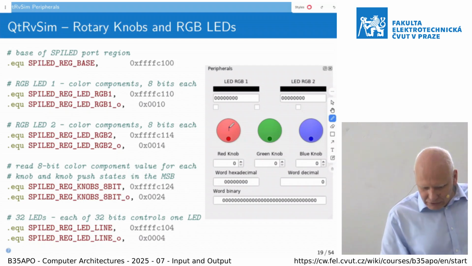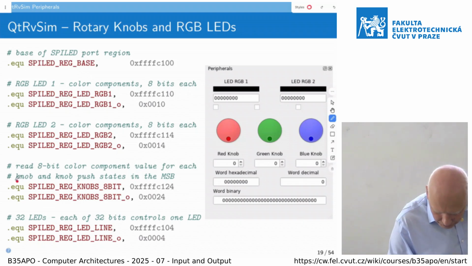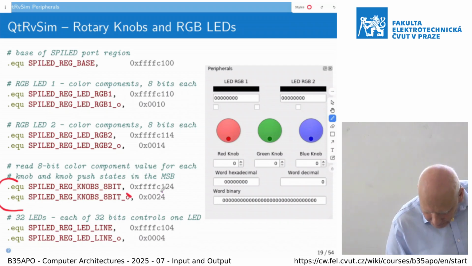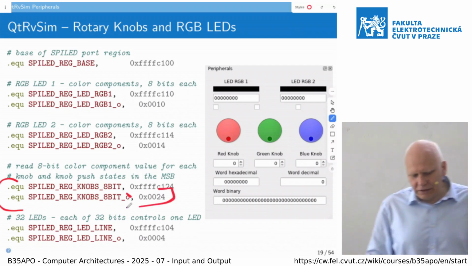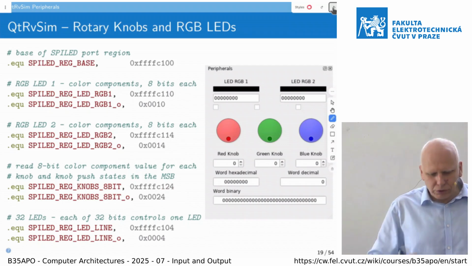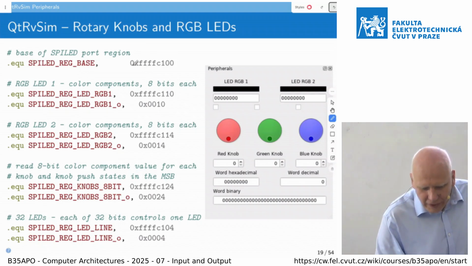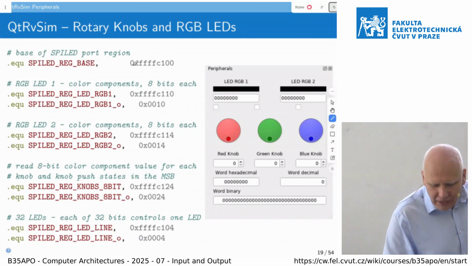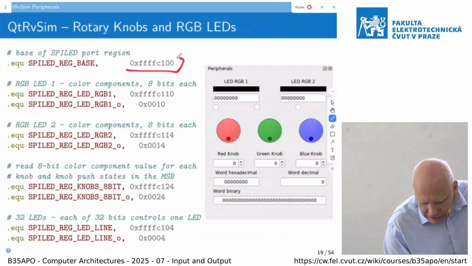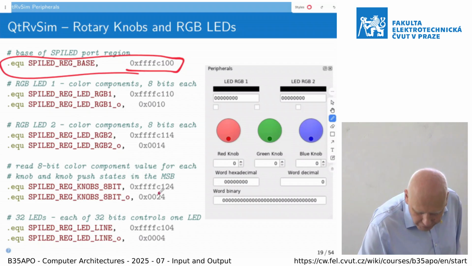And the value of the knob is read from the register, which is here at this offset 2,4 in the range of the registers. Usually, because you can have multiple instances of peripherals and you want to do the mapping of the peripheral only once, you use some base address for a given peripheral, and then you work with the offsets.